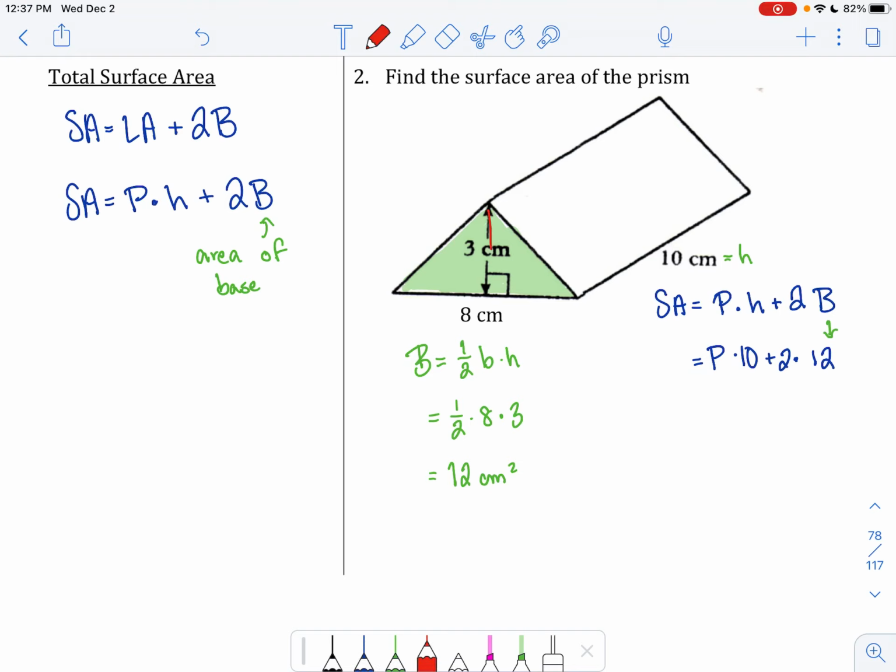If I'm looking at this base here, I've got a right triangle with the right angle in there like so. If it's 8 centimeters, it's an isosceles triangle right up and down. This is 4 centimeters.